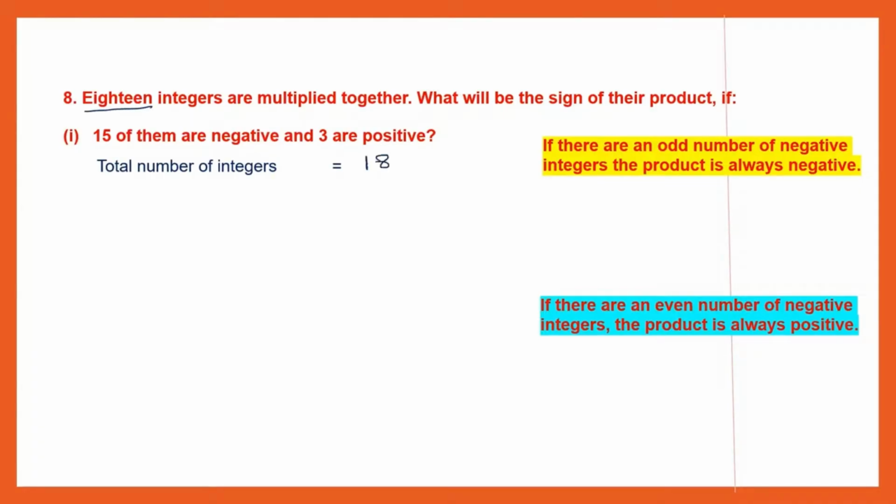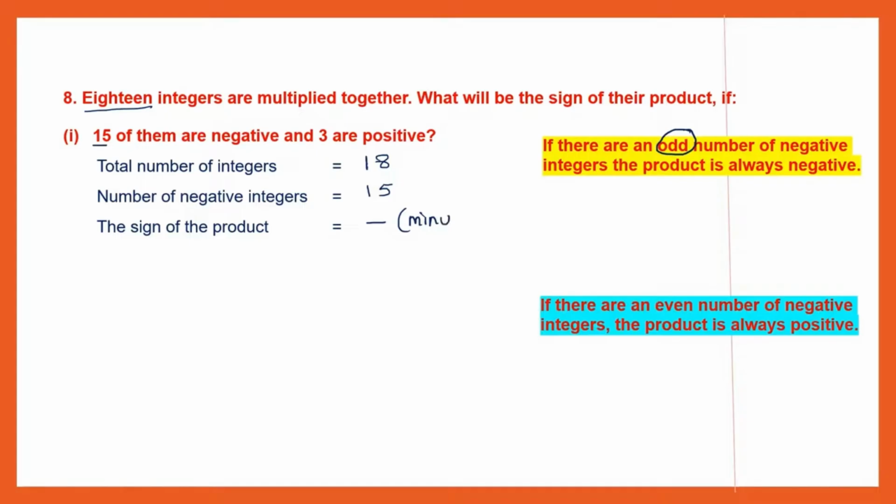In that, how many negative integers are there? 15. 15 is an odd number, isn't it? So if the number is odd, the sign of the product will be minus. You can write that in brackets in words also. So the sign of the product is minus because the number of negative integers is an odd number, 15.